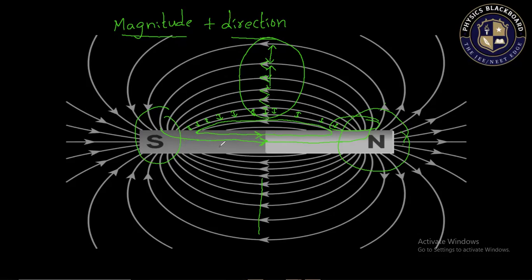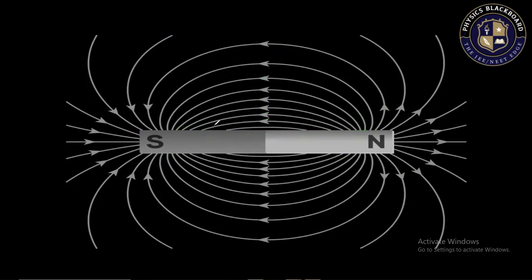And next, you can find no two lines will intersect at any point. You won't find any two lines intersecting at any point, right? Why? Let's assume that two magnetic lines intersect at one point.